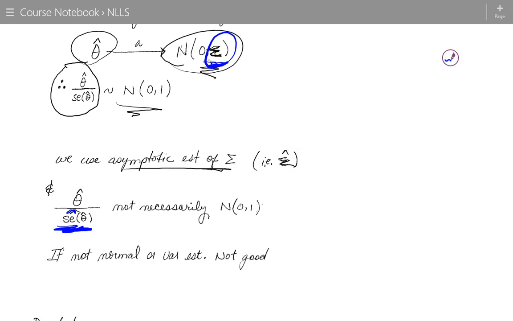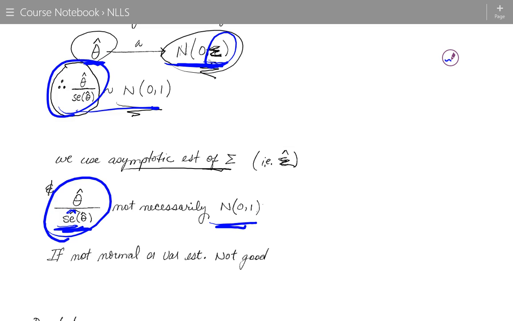We're doing the estimated quantity here. And this ratio need not be normal, even though sigma hat has gone to a normal. Our asymptotic distribution would presume with the actual variance in there, we would get a normal 0, 1.